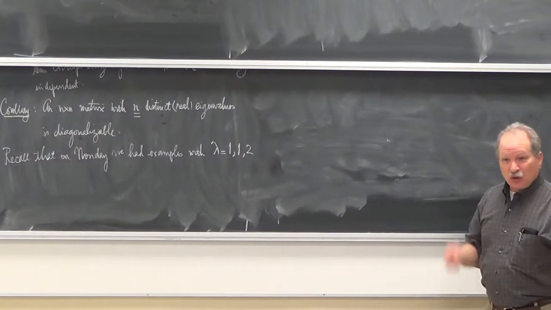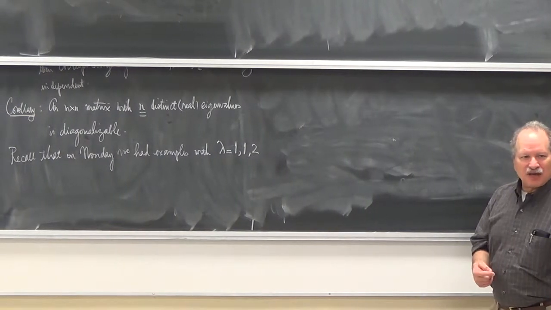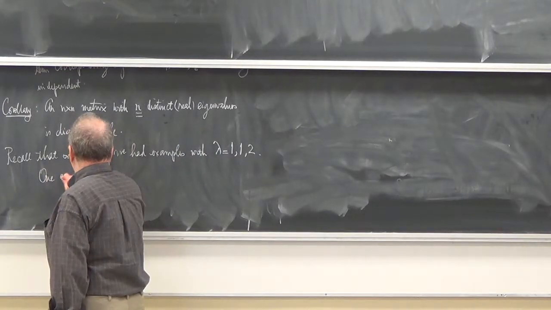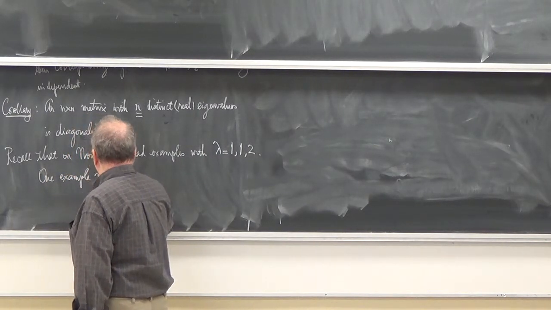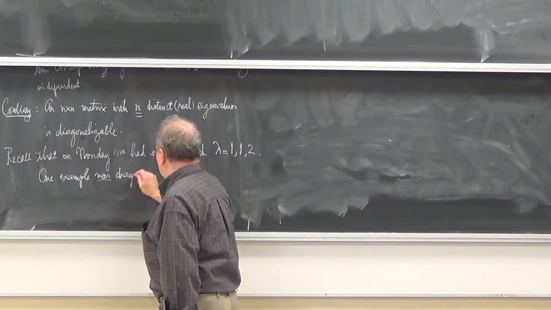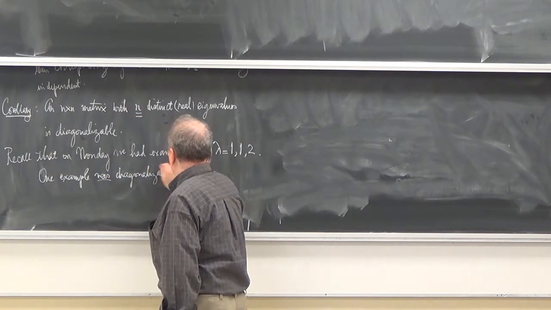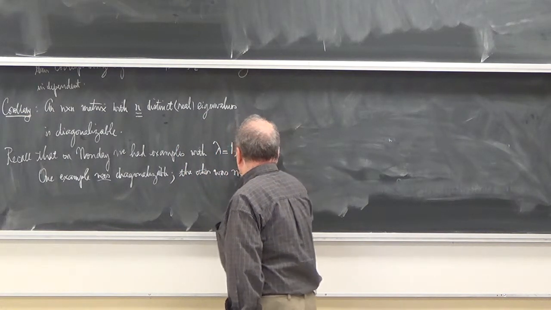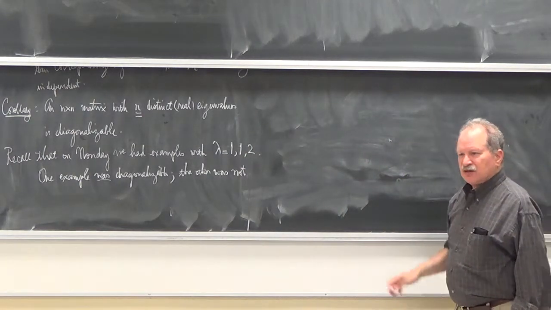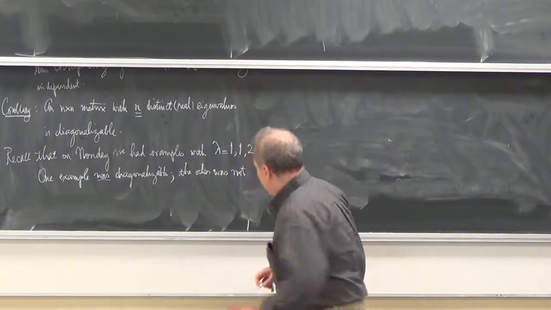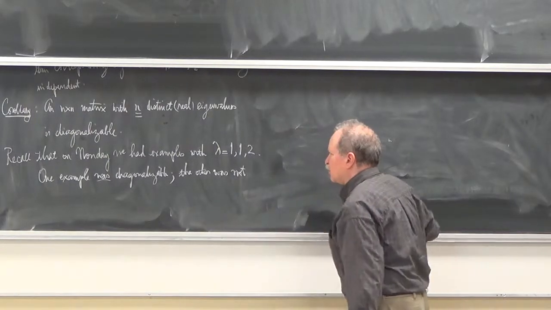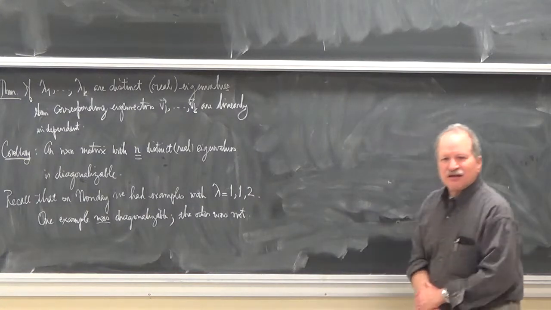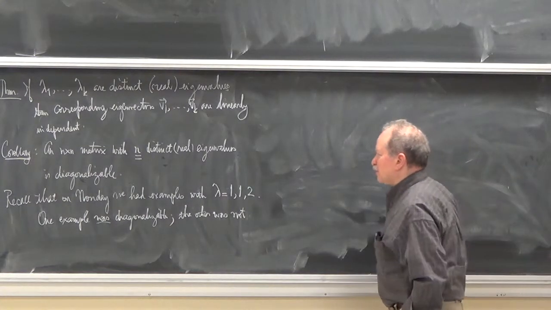For one of those matrices there was a basis of eigenvectors, and for the other matrix there was not. So one example was diagonalizable, and the other wasn't. I actually did mention vocabulary words then that distinguish the two things. Besides Cameron, does anybody remember what they were? Geometric and algebraic multiplicity.